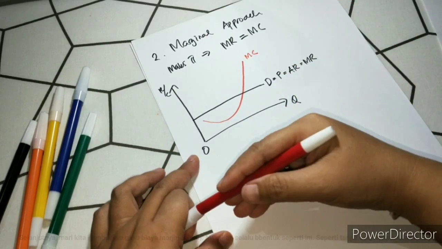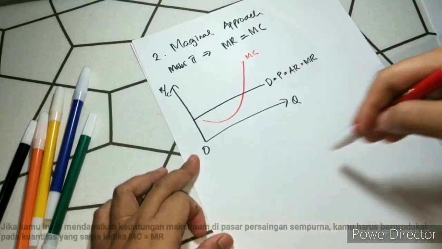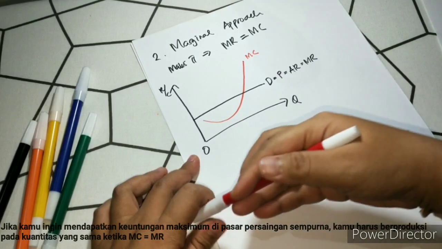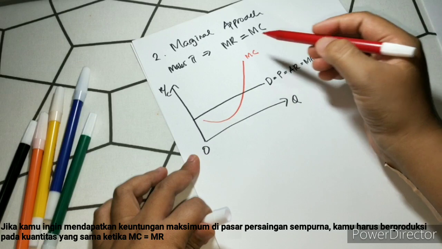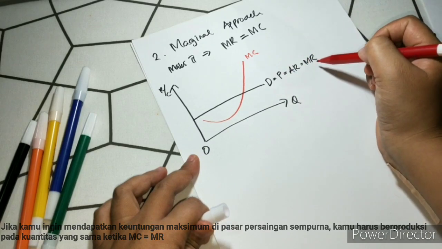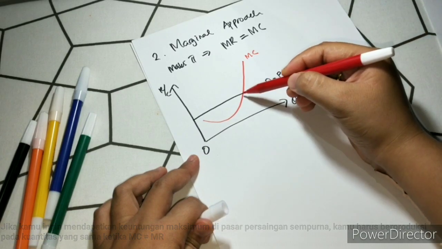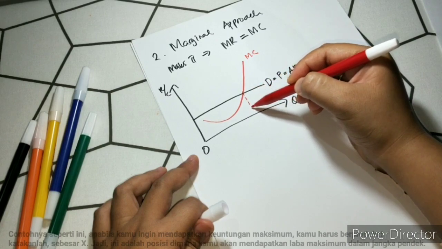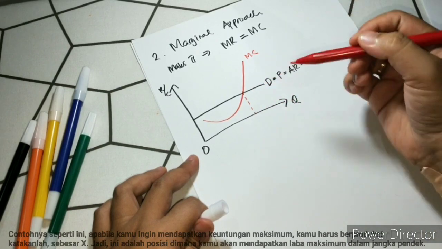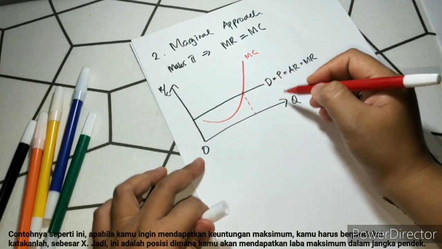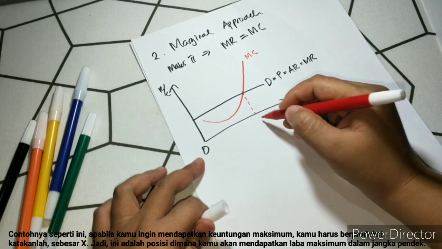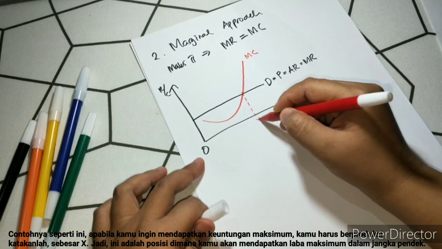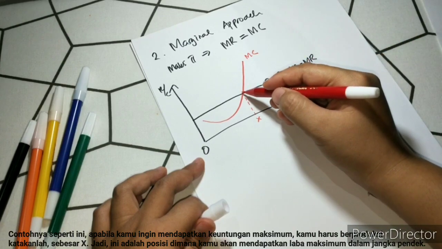So if you want to maximize your profit in a perfect competition market, you have to produce your product when the marginal cost equals the marginal revenue. So if you want to get the maximum profit, you have to produce your product as many as, let's say, X here. So this is the maximum profit.